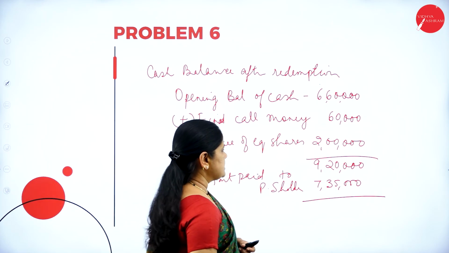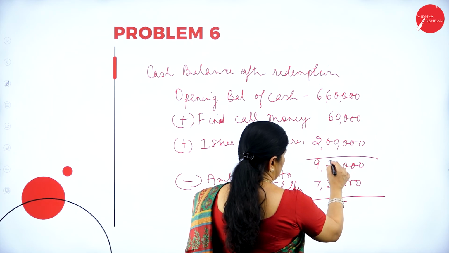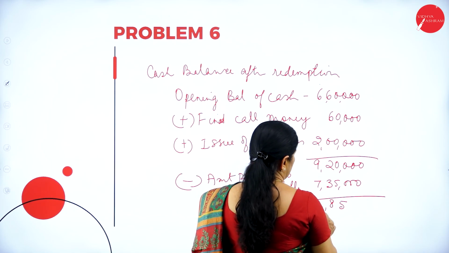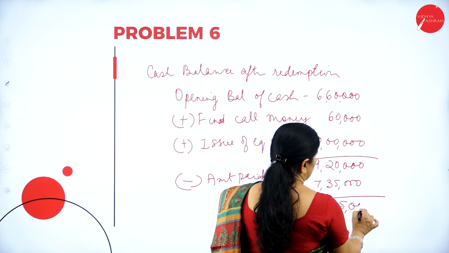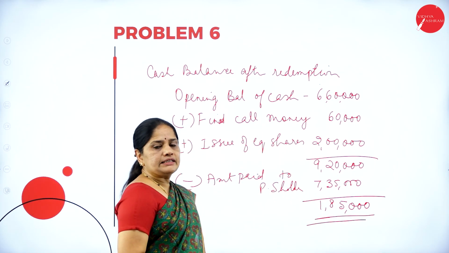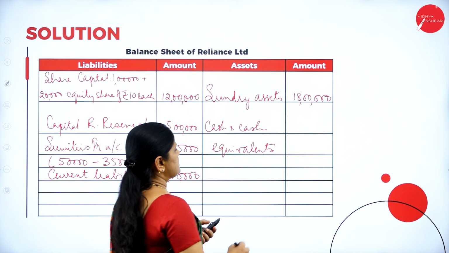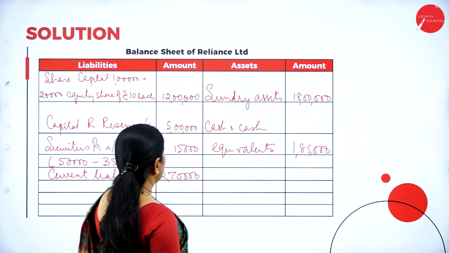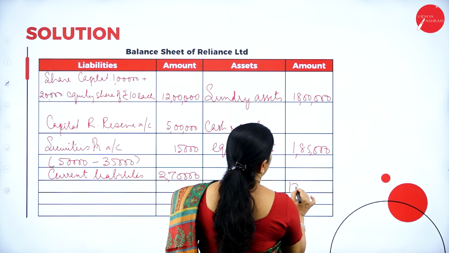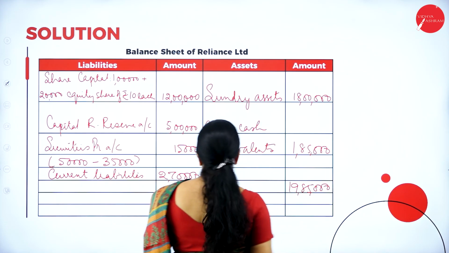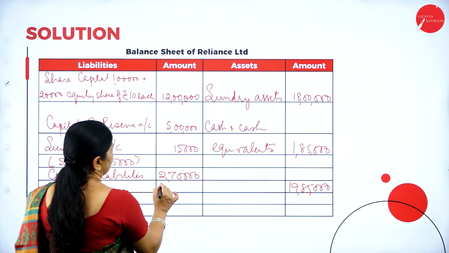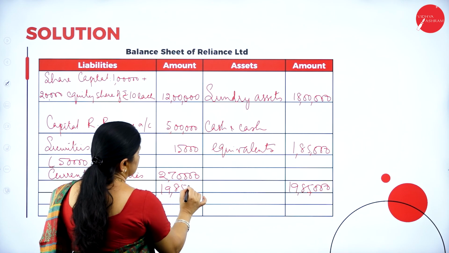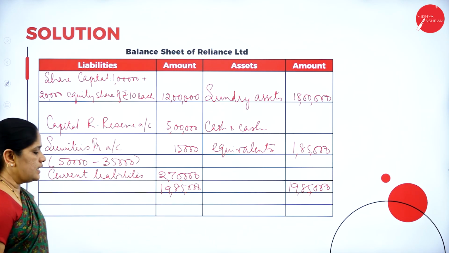So what will be the balance here? 1,85,000 is the balance. So I write the balance as 1,85,000. So now the total will be 19,85,000. Here also I have 12 plus 5, 17, 18, 19, 19,85,000. So this is the answer.